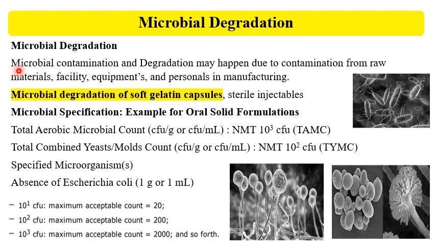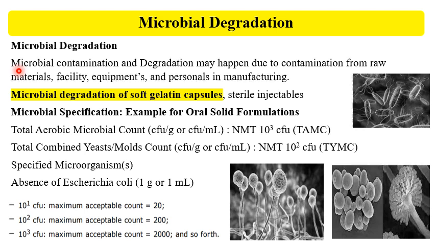Now coming to the microbial degradation. See, microbial contamination and degradation may happen due to contamination from raw materials, facility, equipments, and the personnel involved in the manufacturing.